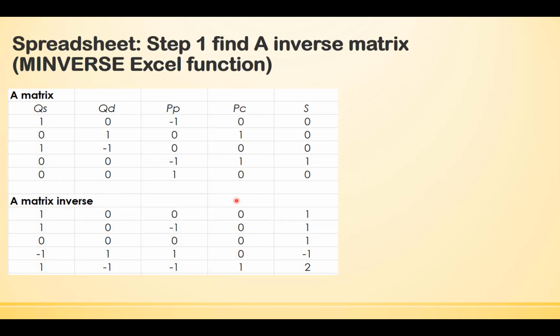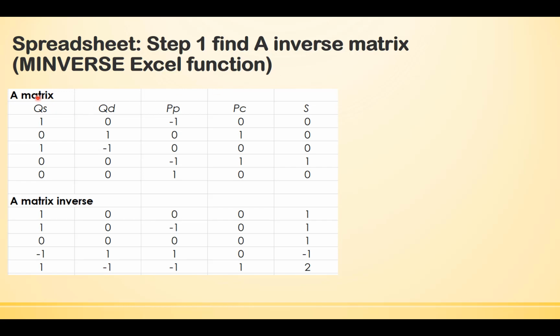Okay, and so here's how it's going to look in the spreadsheet. Again, this is a cell reference right here in the price column. This is a cell reference in the price column. But in the spreadsheet, the first step is just to find that A inverse matrix. So it's not as simple as taking 1 over some values. It's actually quite complex, one of the more tedious things you can do, but Excel does it automatically.